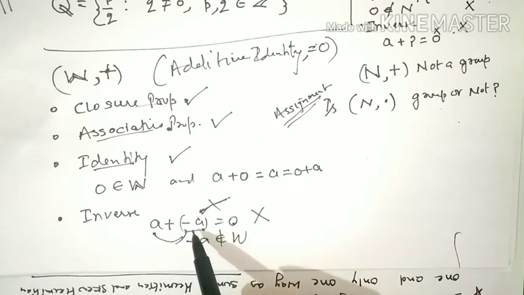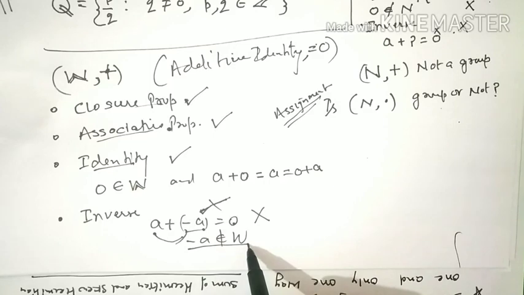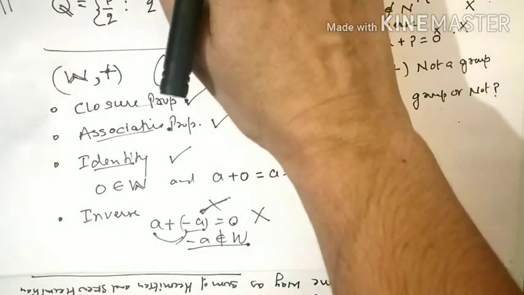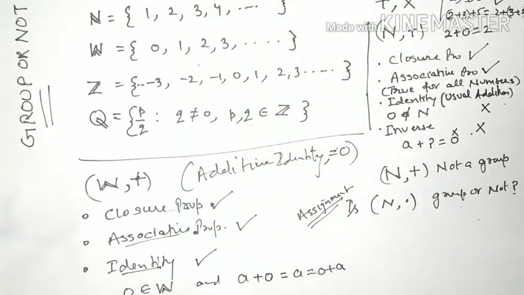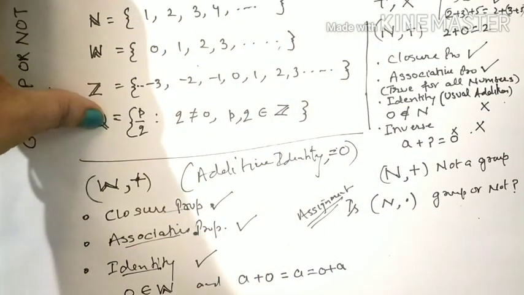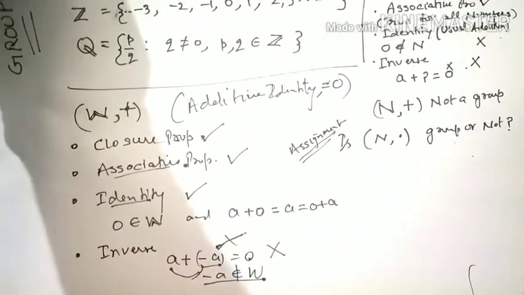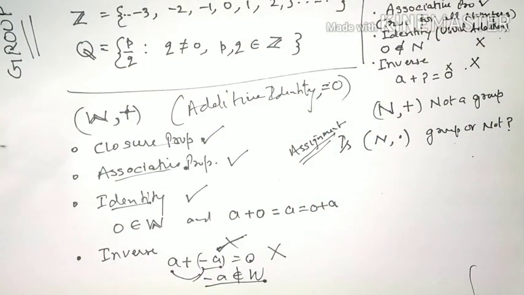But in this case minus a does not belong to W, because the set of whole numbers does not include negative integers. So the fourth property does not hold. So this means the set of whole numbers under the operation of addition is not a group.